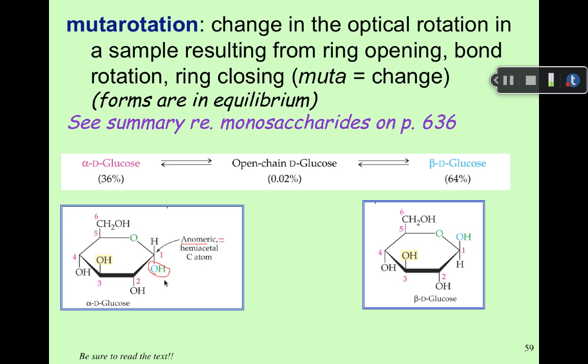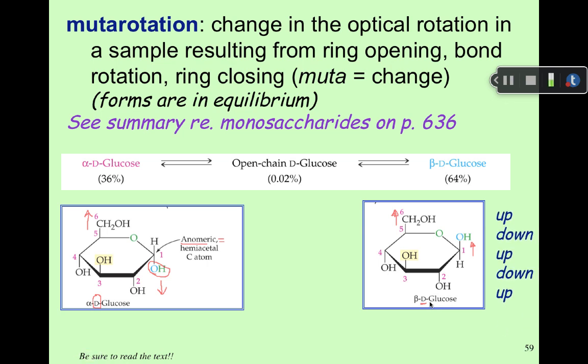And alpha has the OH group pointing down relative to carbon 6 pointing up for any D sugars. And the beta orientation has the carbon 1 OH group pointing up when carbon 6 is pointing up, which it will be for any of the D sugars. So beta and alpha differ at only that one spot, carbon 1, the anomeric carbon.